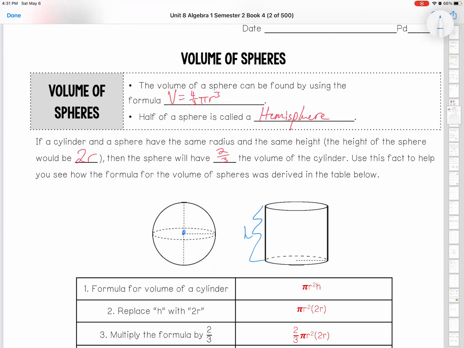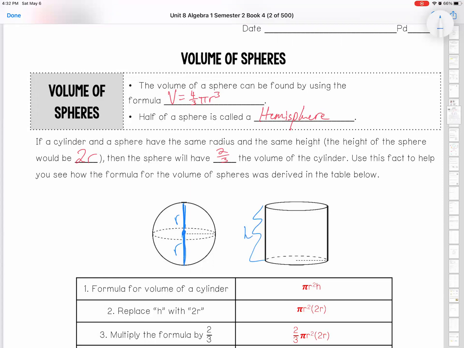Well, imagine a sphere as well, having the same height. Well, its radius would be twice. So there, for example, is a radius, but it would be 2 times that radius to get that equivalent height. And as a result, a sphere is always going to be 2/3 the volume of a cylinder. Okay.